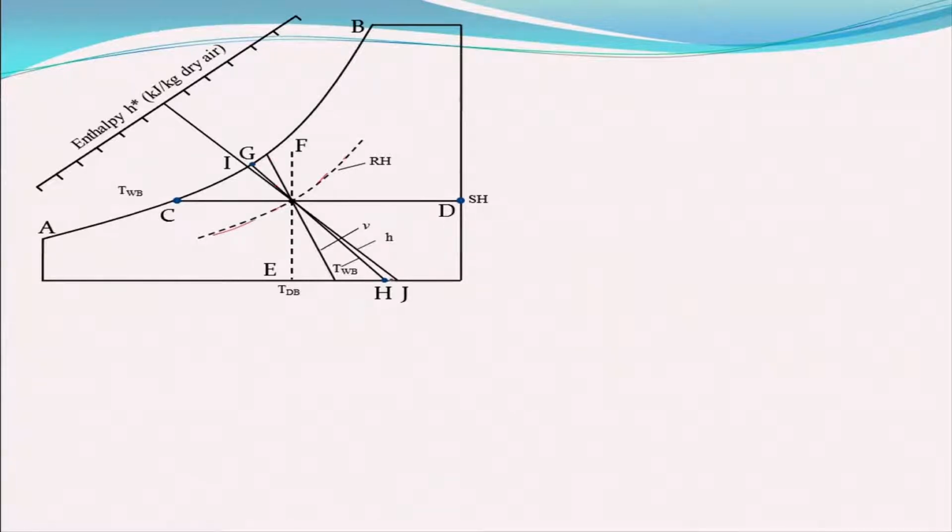And the slanting line will give me the wet bulb temperature. Sometimes it crosses, sometimes it goes slanting. It is not the same as the enthalpy line, but the wet bulb temperature line is very close to it. You should keep that in mind. And of course, this vertical line will give me the dry bulb temperature. So this is the way you can go about it.